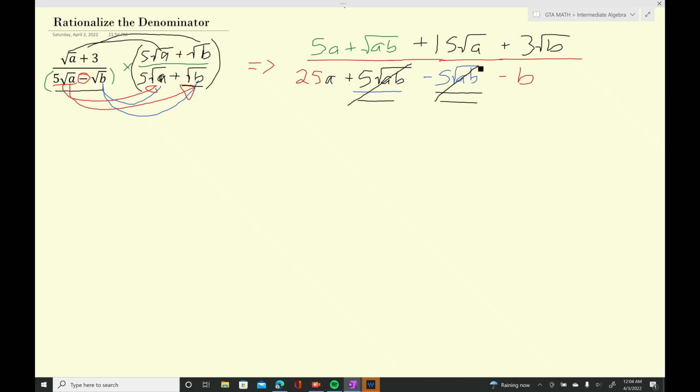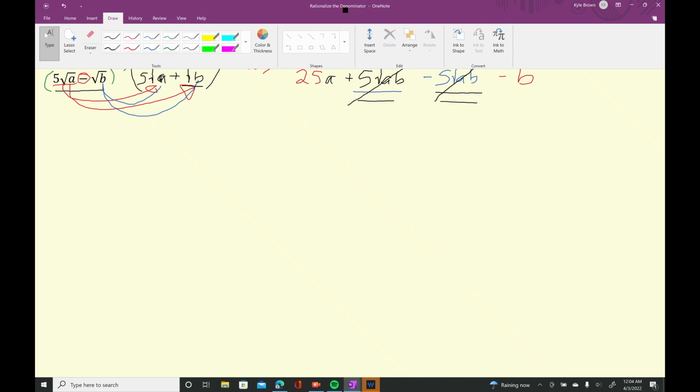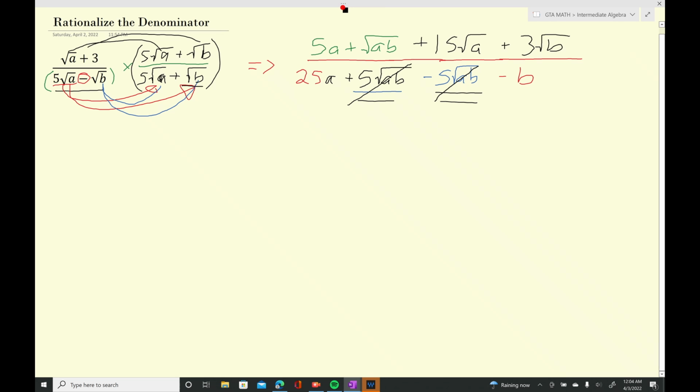That's the main purpose of the conjugate: to get rid of the terms in the middle. That's kind of the whole purpose of it. You're getting rid of everything that has a square root in the denominator. Sometimes, most of the time. Don't at me. And now we're going to keep simplifying.